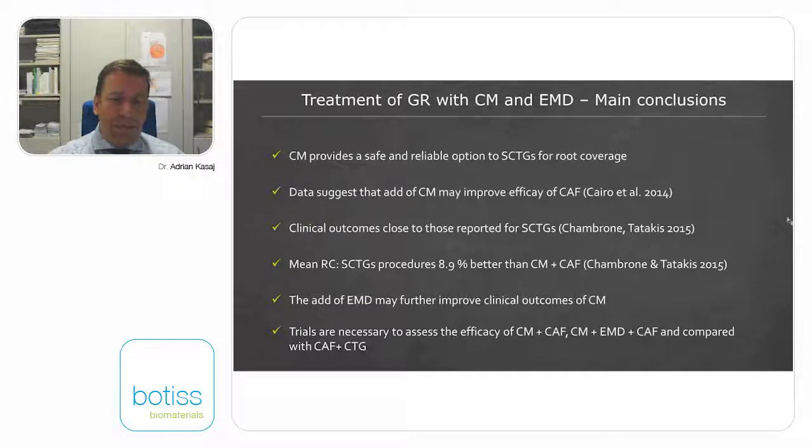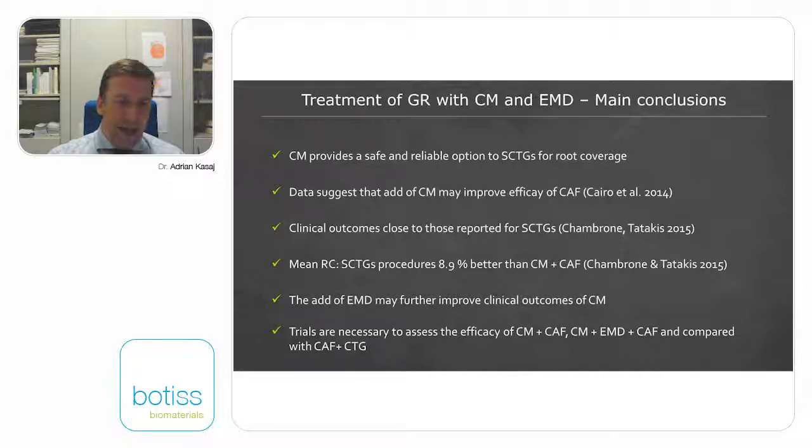The addition of Emdogain may further improve the clinical outcomes of the collagen matrices. So this combination of mucoderm and Emdogain is an attempt to come as close as possible to the clinical outcomes following autogenous connective tissue grafts.